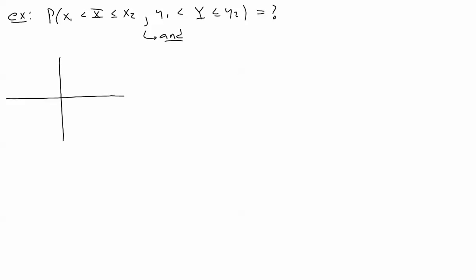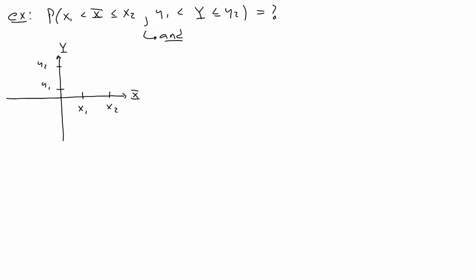If this is the direction of random variable x and this is the direction of random variable y, let that be y1 and this be y2, this be x1, x2.